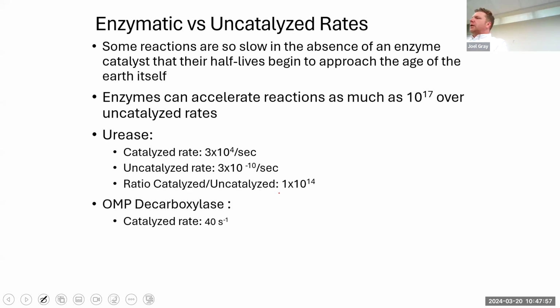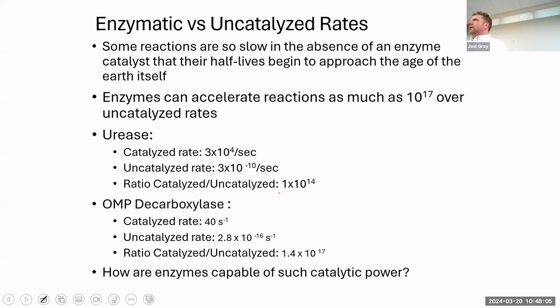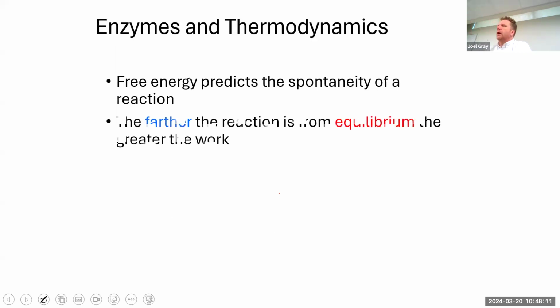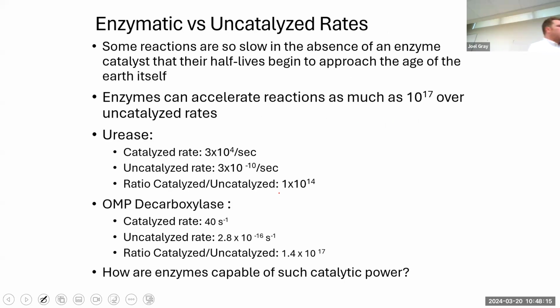OMP decarboxylase, 40 times per second versus 2.8 times 10 to the negative 16th. How are enzymes capable of such extreme catalytic power? Well, what we're going to be able to do with an enzyme is make these intermediates that very easily fit together that enable us to speed up these reactions.